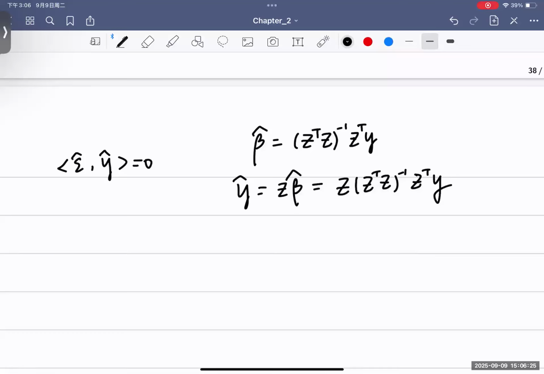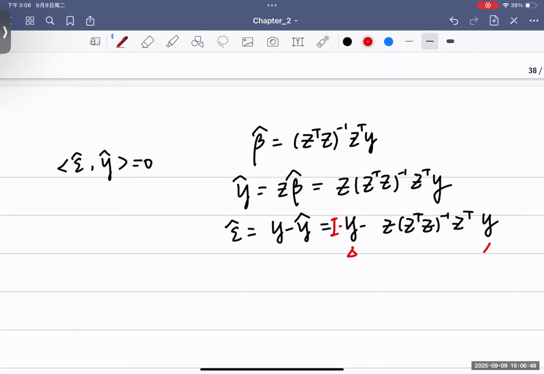And our epsilon hat is given as y minus y hat, so it's y minus z (z transpose z) inverse z transpose y. We can regard the first y as an identity matrix times y, so they share the same component.